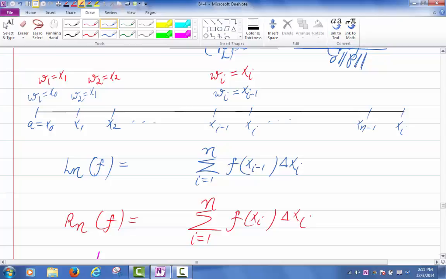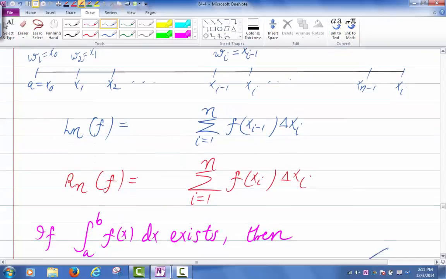So this summation gives you the Riemann sum where the sample points are the left end points of the subintervals. Similarly, Rn, for the ith subinterval, you evaluate f at the right end point x_i, right? Is everybody okay? And then i goes from 1 up to n. Is this clear to you?